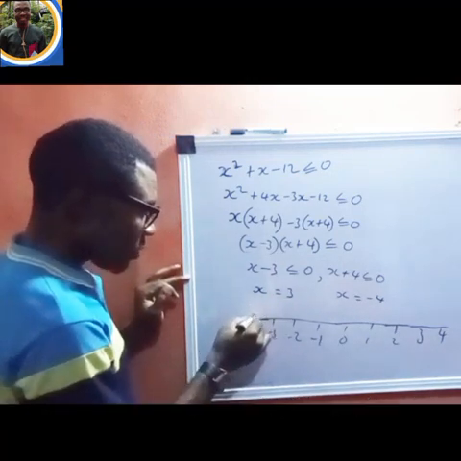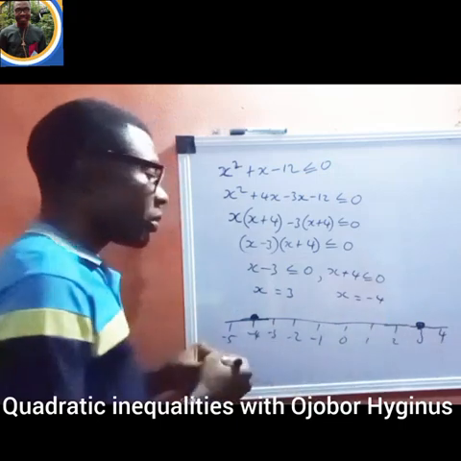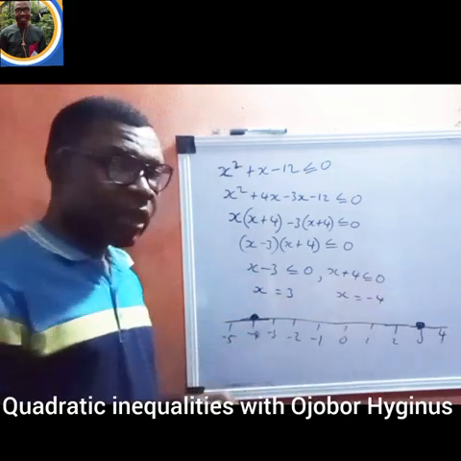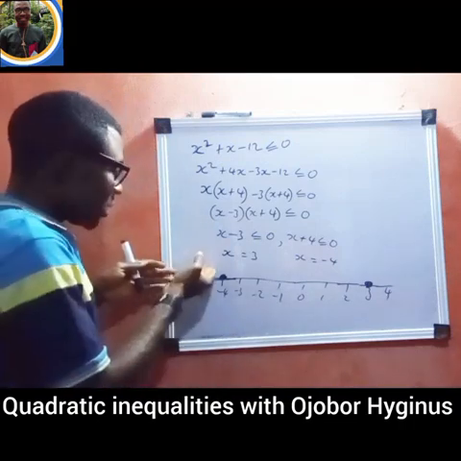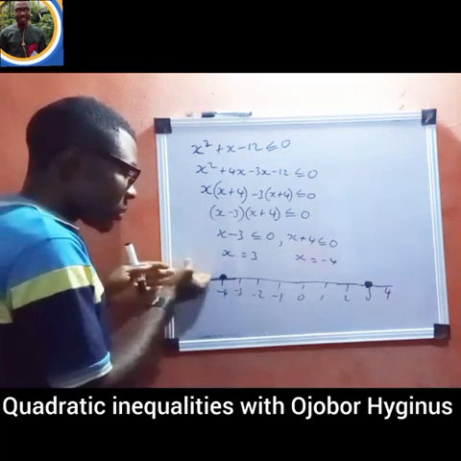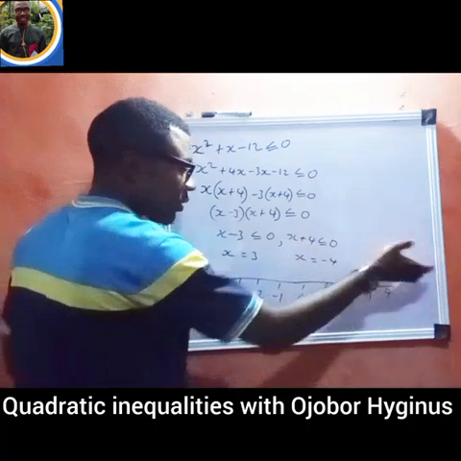Okay, the 2 points are minus 4 and 3. So you identify these 2 points on a number line. If we do that, you see that we have 3 regions now. The region less than minus 4, the region between minus 4 and 3, and then the region greater than 3.